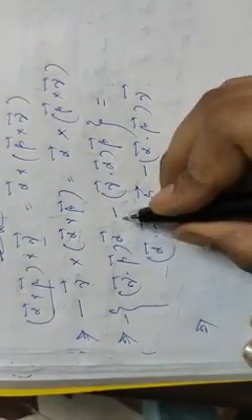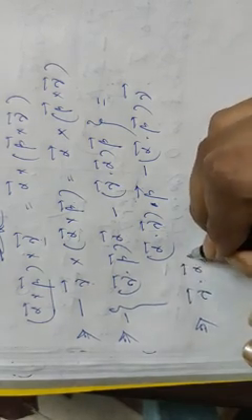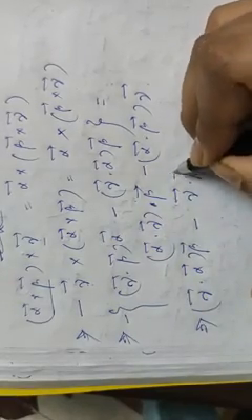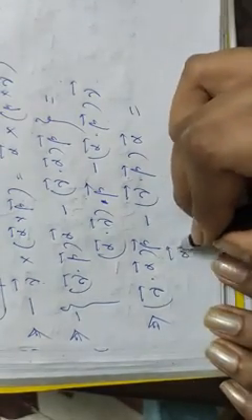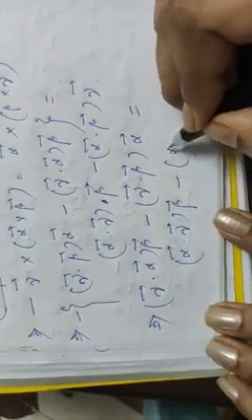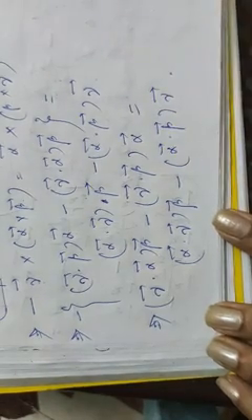Now putting this minus, we will get gamma dot alpha beta minus gamma dot beta alpha equals alpha dot gamma beta minus alpha dot beta gamma.